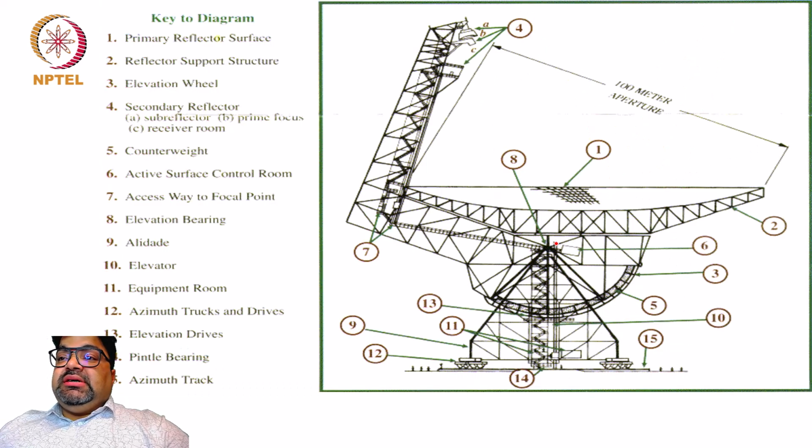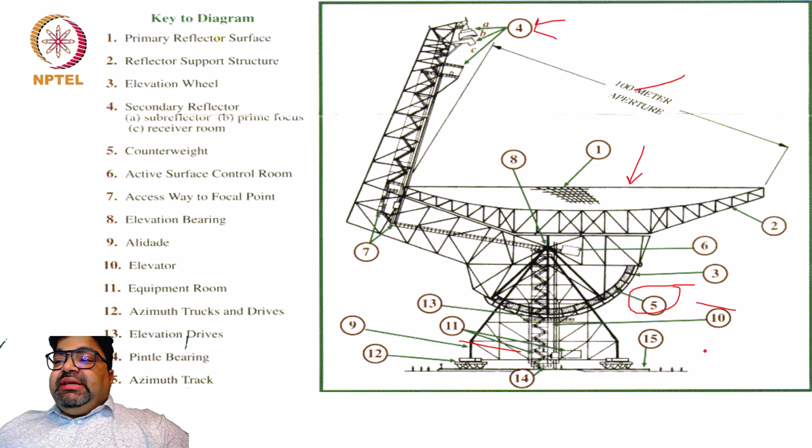So let us see the different structures. Number 1 is the primary reflector surface, which is given by this one. Number 2 is the reflector support structure, which is below it. The secondary reflector is number 4, which is over here. This is 100 meters in aperture. Number 5 refers to the counterweight, which is over here. Number 6 is the active surface control, controlling the shape of the surface.